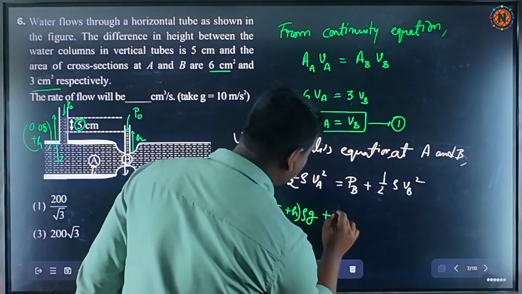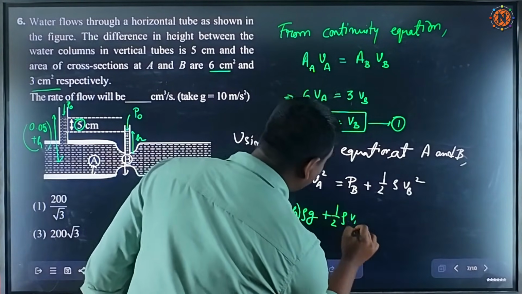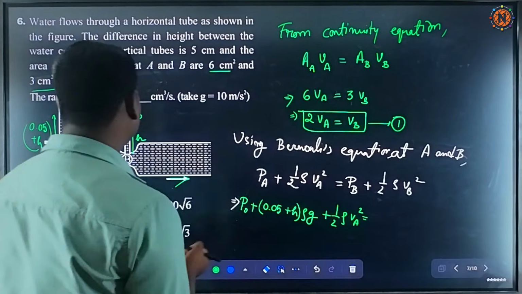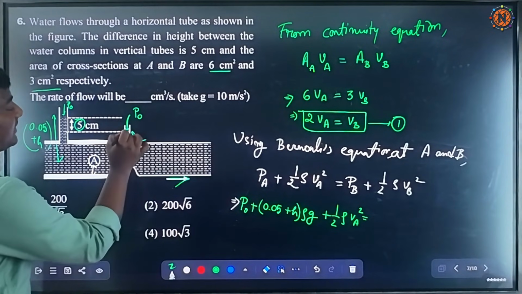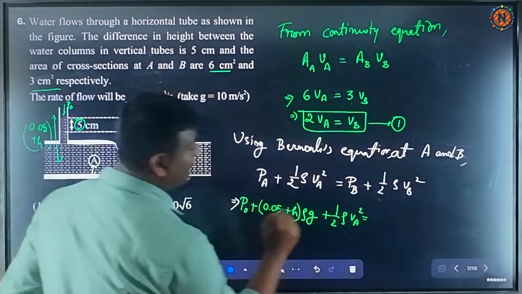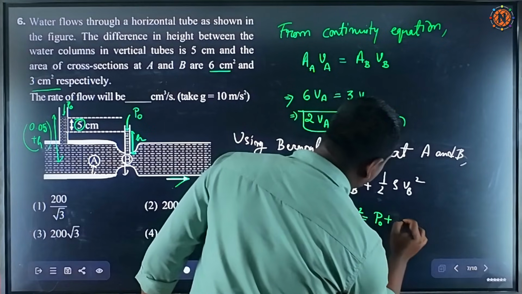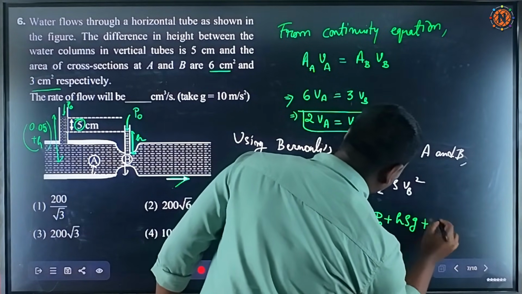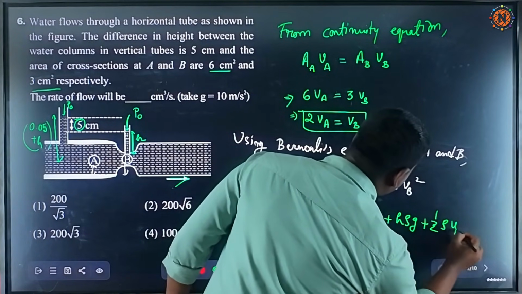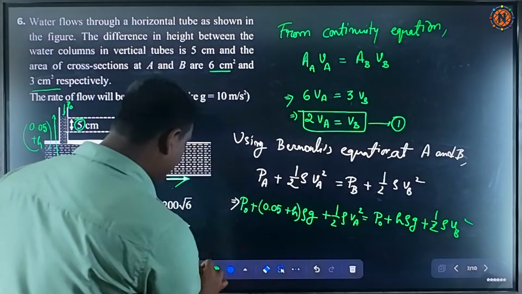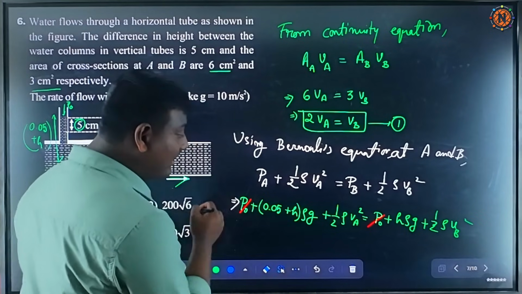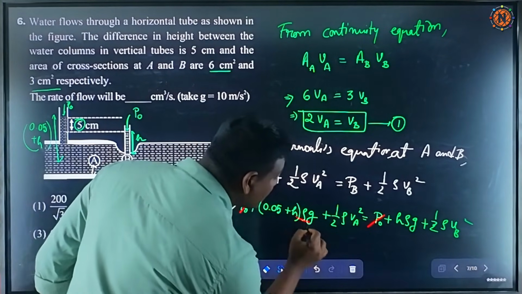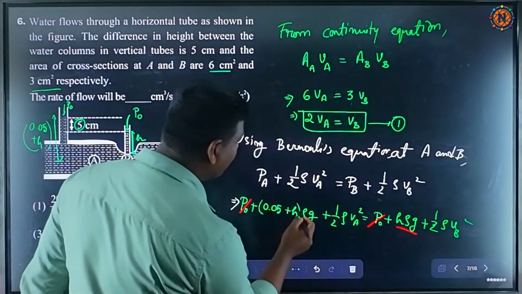Now see, plus half rho VA square equals PB, the pressure at point B. At point B, what will it be? So atmospheric pressure plus h rho g, that will be P naught plus h rho g plus half rho VB square. So can you see, one term, P naught, is directly cancelled, and then this h rho g and this h rho g will be cancelled, yes or no?